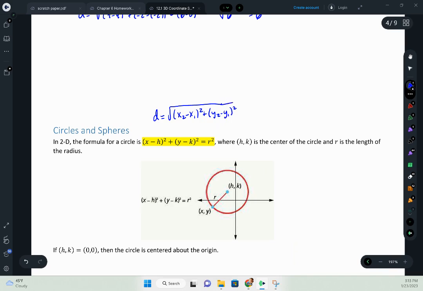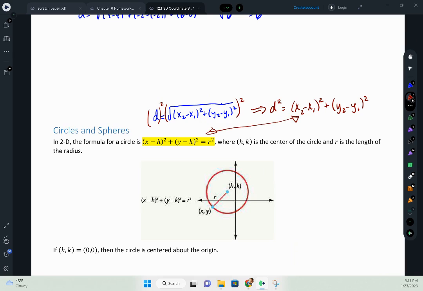If we square both sides of this, then what we get is d squared is equal to x2 minus x1 squared plus y2 minus y1 squared. And that is identical, up to a few names, to the formula for a circle.